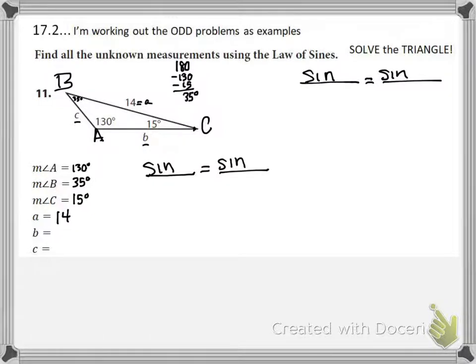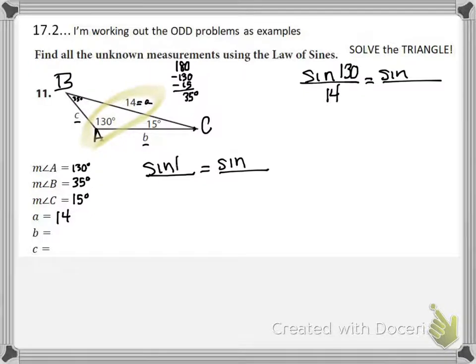And I can see A. Angle A, capital A is angle A, and lowercase a is the side. So let's just say capital A. I'm not going to write the letters this time, I'll just write the numbers. 130, lowercase a, 14.